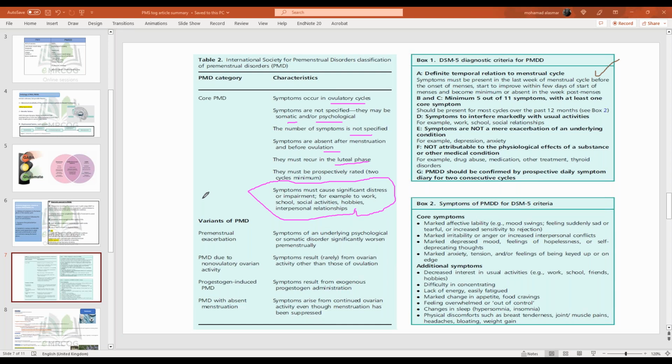I can't tolerate anybody speaking to me. I fight all the time. Of course, this is a severe impact on life, an impairment of relationships, right? So for a woman to meet the criteria in the DSM-5, she must have 5 out of these 11 symptoms. Okay, clear?